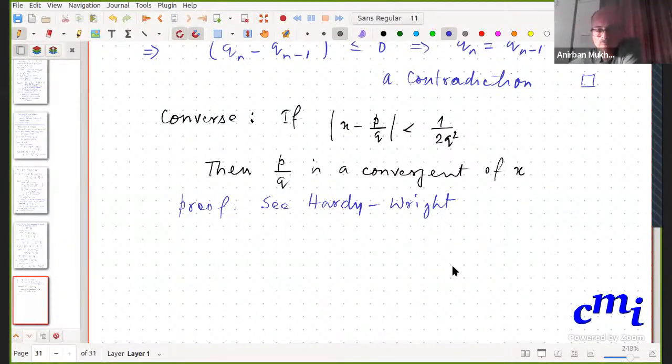And approximating pi was an important problem and was considered by all ancient civilizations. There is a very interesting history, and there is a book called History of Pi, which gives all the details with original manuscripts in many cases.